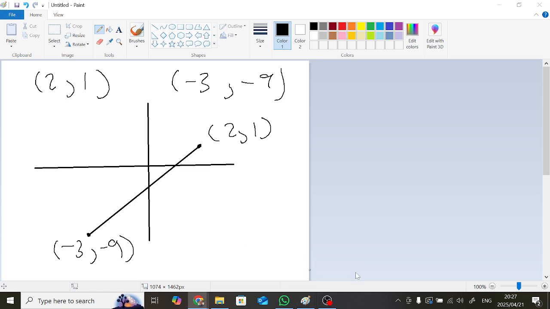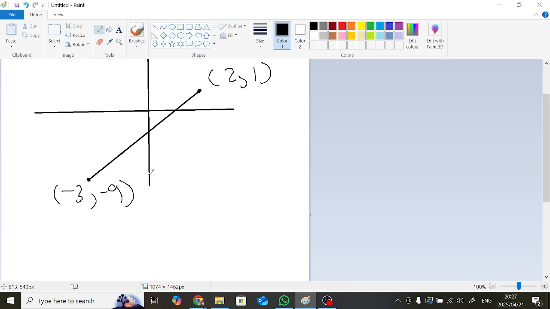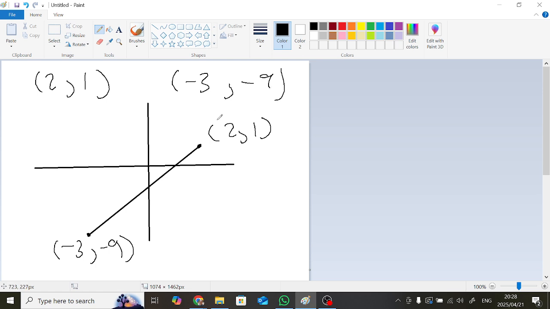Okay, so first what we need to do is calculate our gradient, and m is equal to y2 minus y1 over x2 minus x1. So we can make this our x2, y2, x1, y1 values.